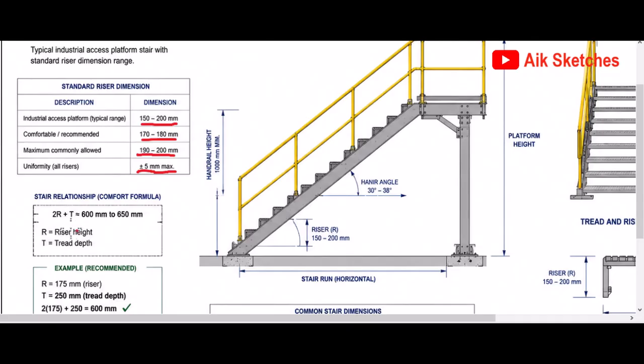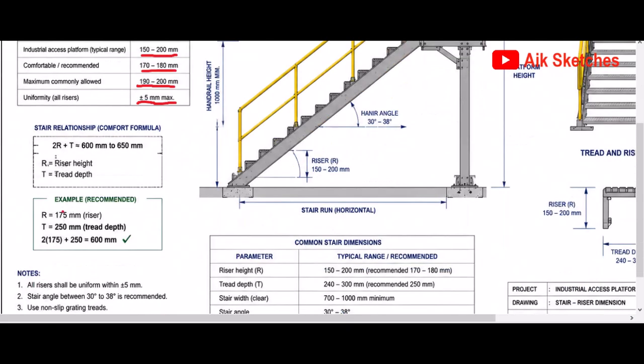Simply put, the highest riser dimension in a stair minus the lowest riser dimension should not exceed 5 millimeters.